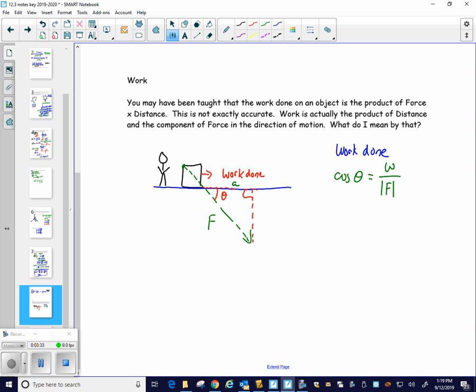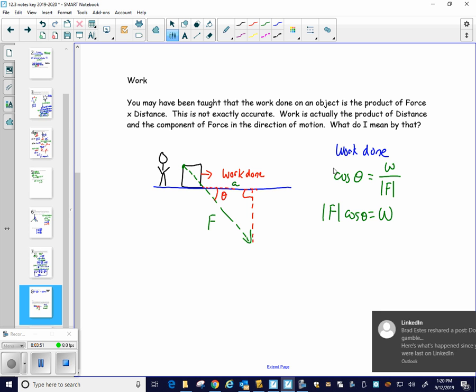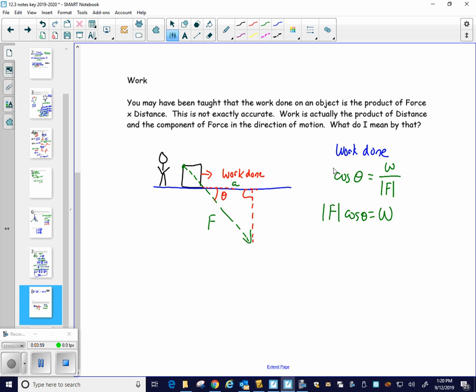Therefore, if I actually want to solve for the work done, I'm just going to multiply both sides of that by the magnitude of the force. And if you really think about it, cosine usually goes with x anyway, right? So the cosine in this case is going to give us our horizontal distance. So the work done is going to be the magnitude of the force times the cosine of theta.